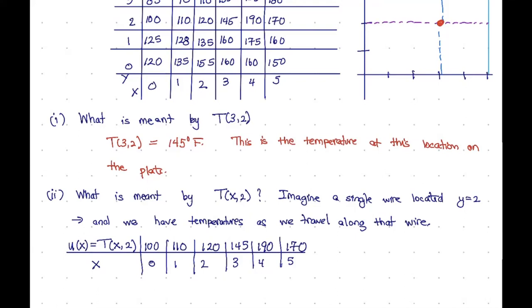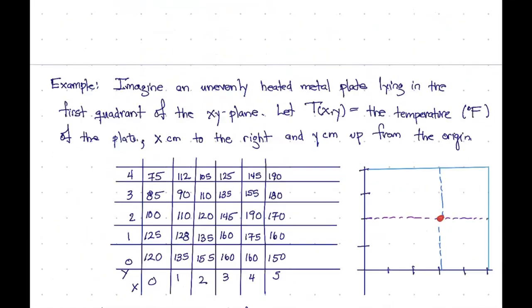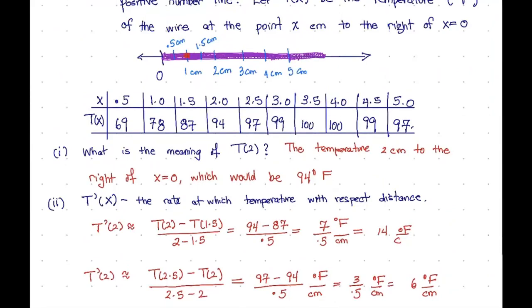Now remember, this is just one location on this plate, and the reason we're breaking it up this way is because it's easier for us to imagine what's happening along the wire, since that's the paradigm that we've set up here. We know how to work with this.